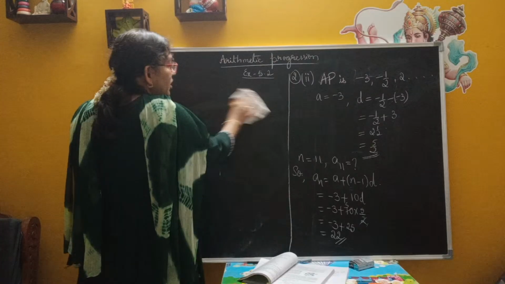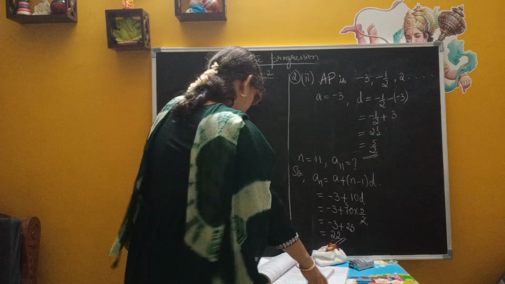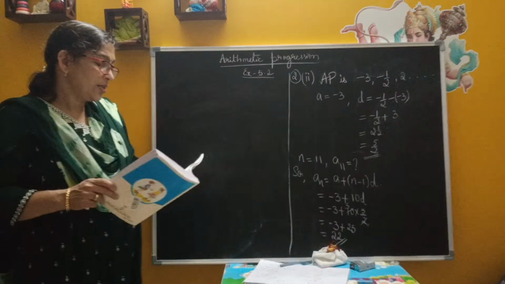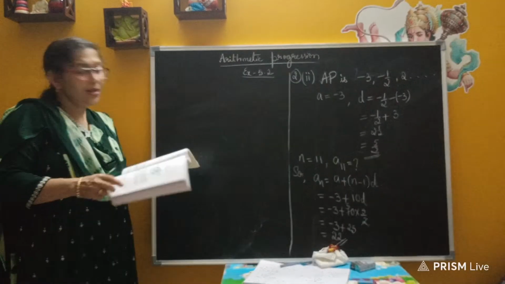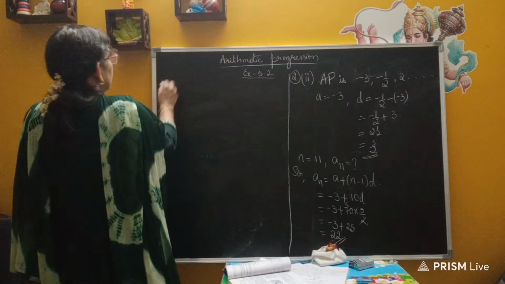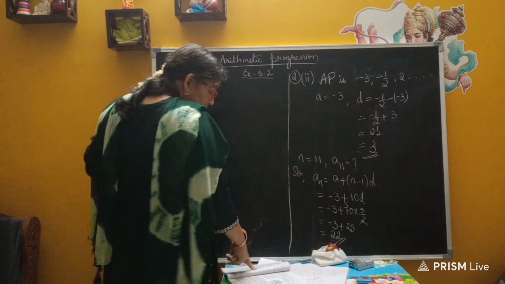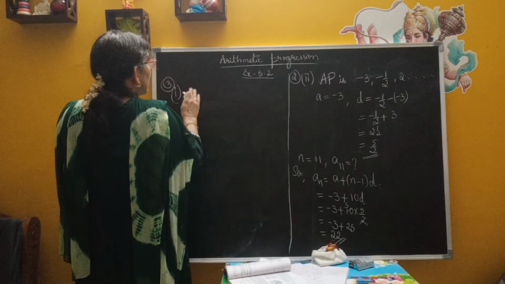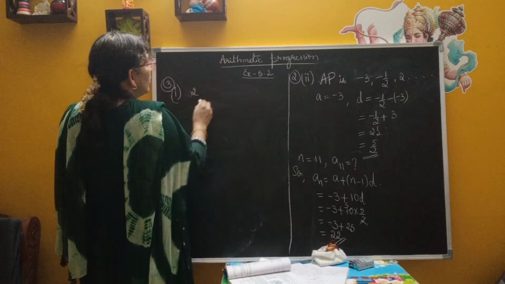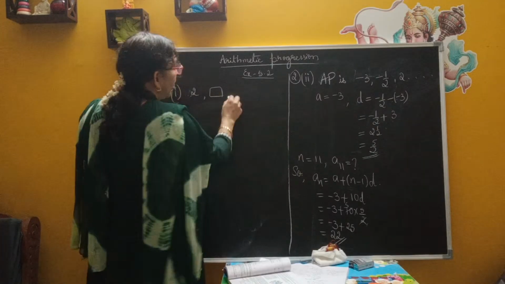Let us go with third main. First let us go with the first problem only, a very simple one. Third main, first one. So let us take a is equal to 2. The AP is given: 2, a blank that is x or unknown, and 26.